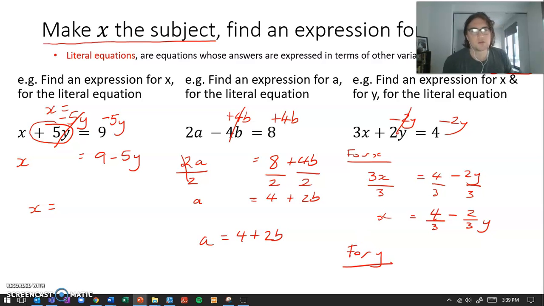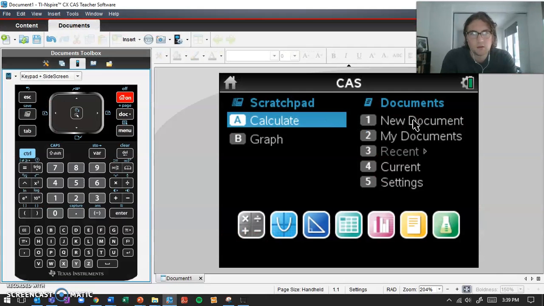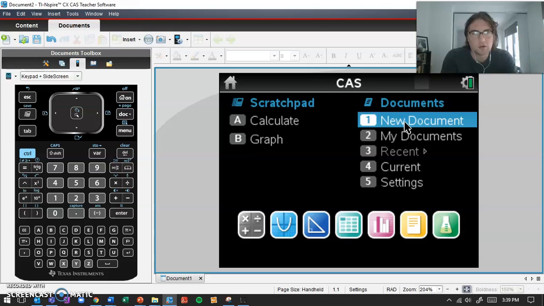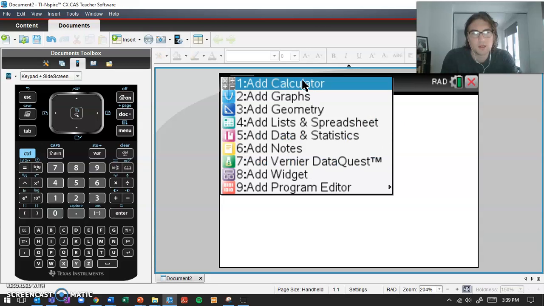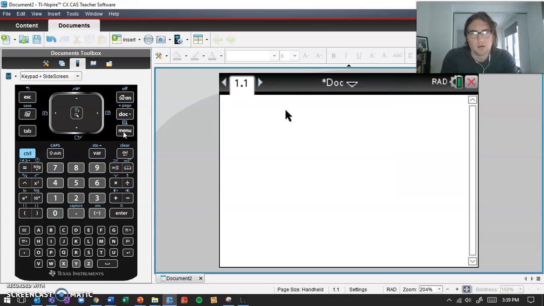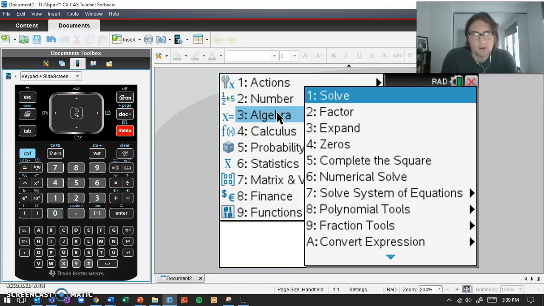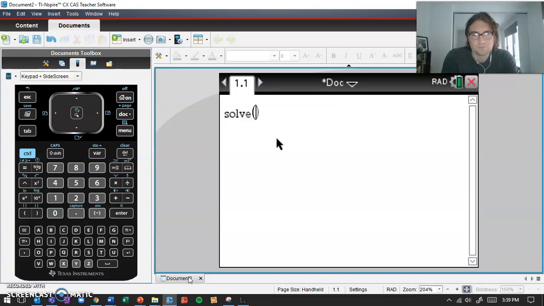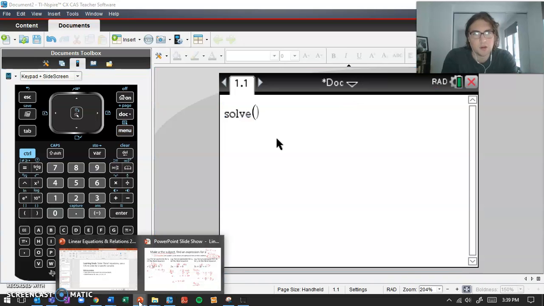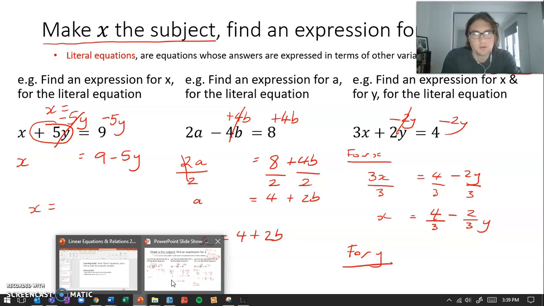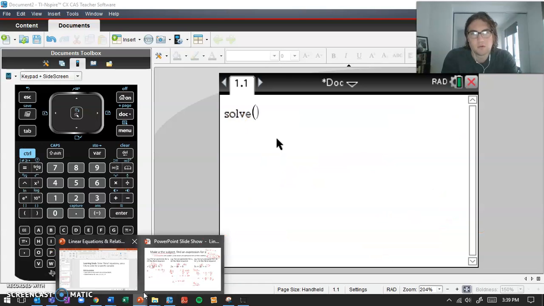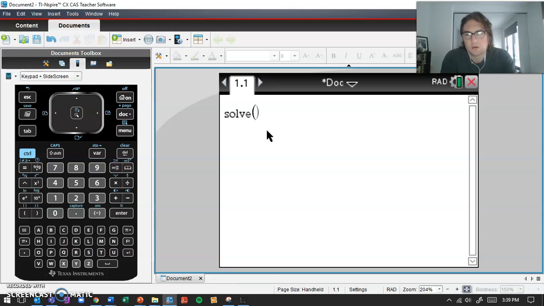For y, I'm going to show you on the CAS. Let's say we've got our equation. I'll get a new document, add calculator, and with algebra and equations, we're going to use menu, algebra, the solve function again. So 3x plus 2y is equal to 4, and I'm going to type that in there.